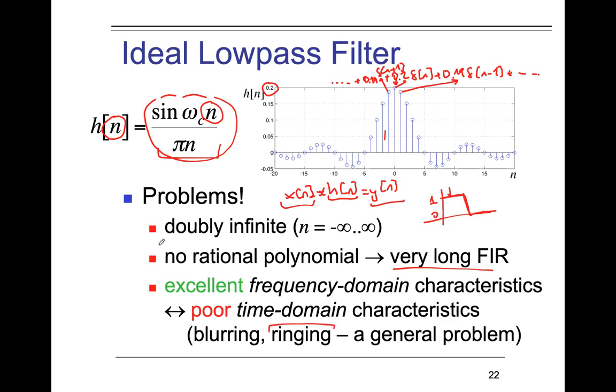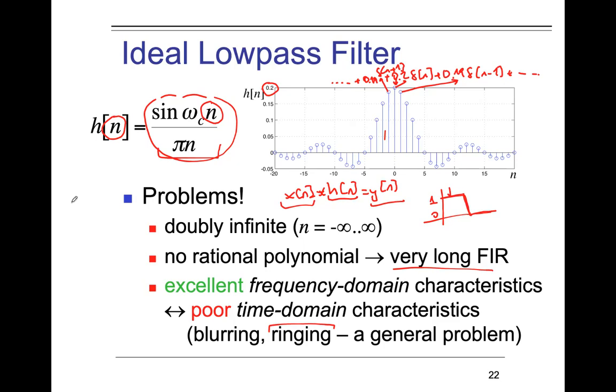Ringing effect means there will be a kind of instability in your signal, a blurring in your signal or image. So even though it's an ideal filter, it has perfect frequency characteristics, but in terms of time domain characteristics, it is not ideal.